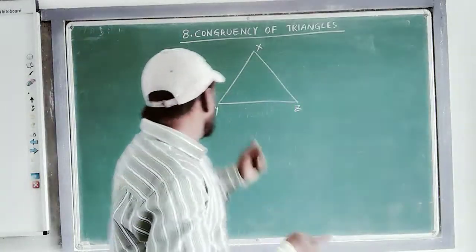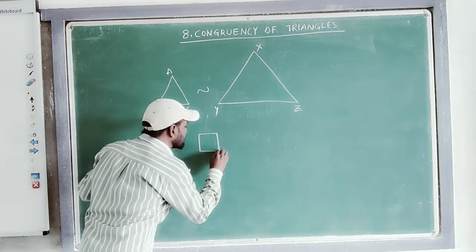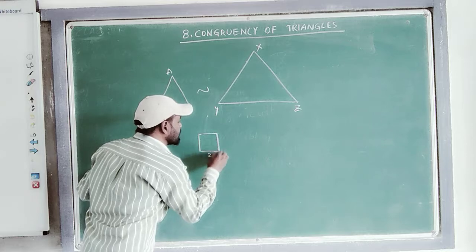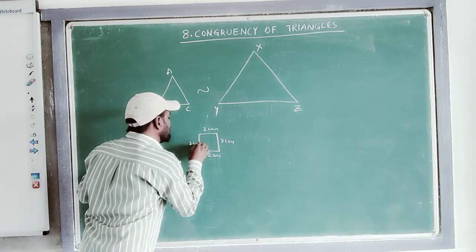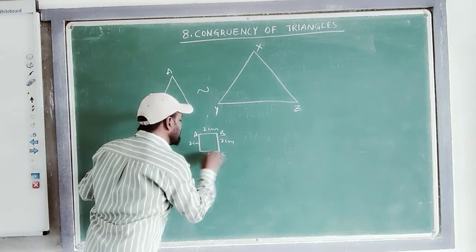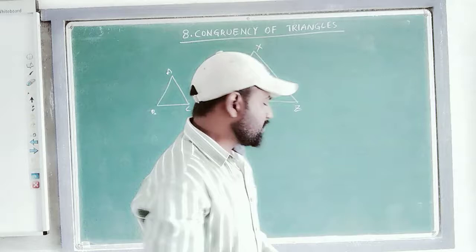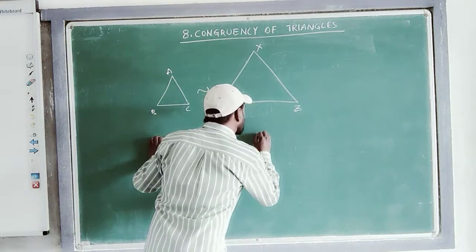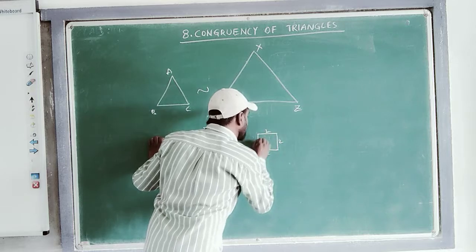Understood? Now, if I take one square of side 2 centimeters, 2 centimeters, 2 centimeters, 2 centimeters, ABCD square. You all know that square means four sides are equal, right? Here, one other square also I am taking, which is also 2 centimeters on each side.